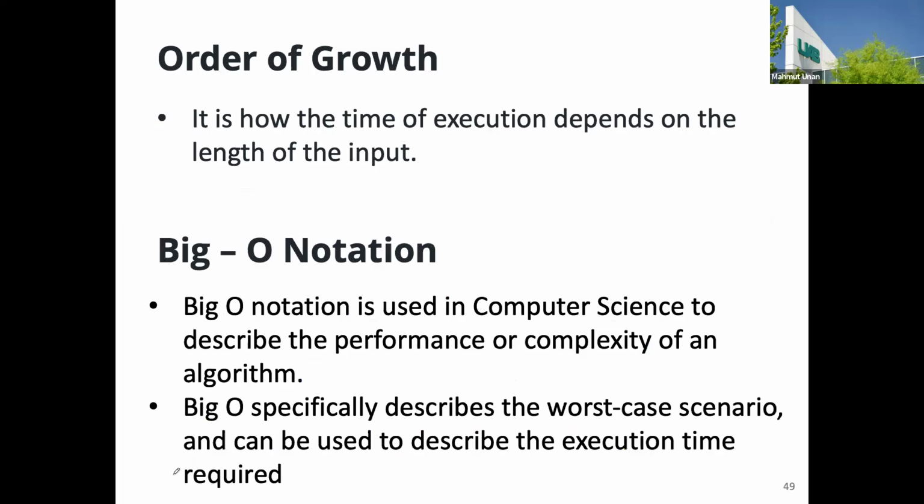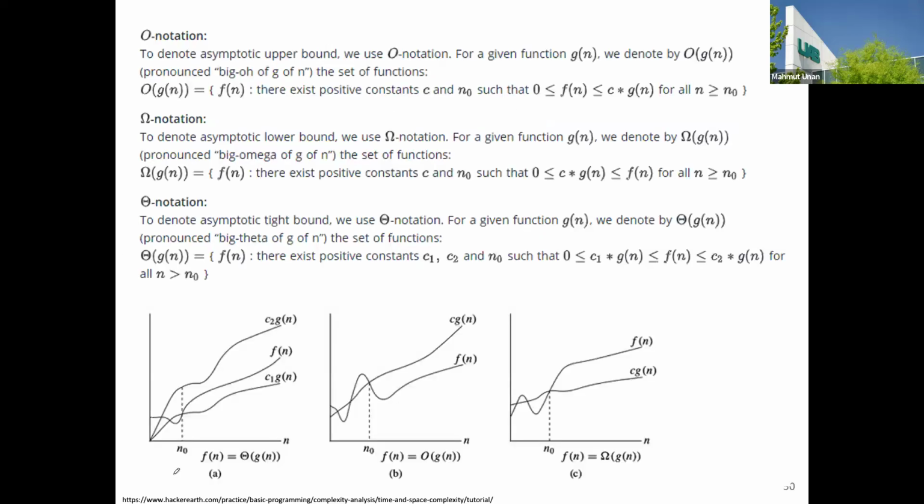And we say that we are trying to find the order of growth. That means if you increase the data size this much, how it is going to affect the computation, the execution. We are using the big O notation. This is going to give me the worst case time complexity. But in theory, in reality, we have big omega and big theta notations too.